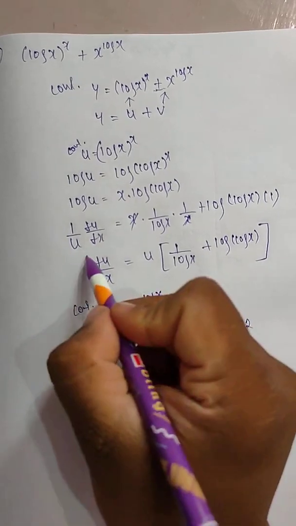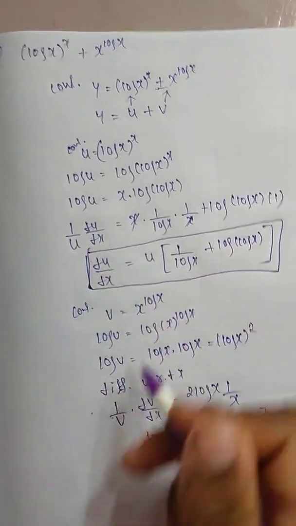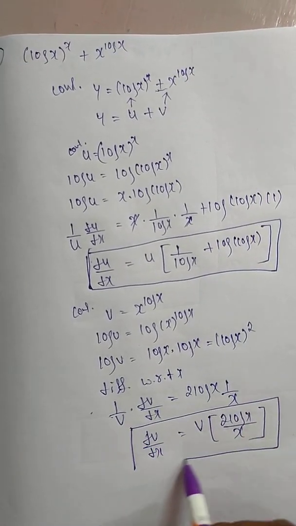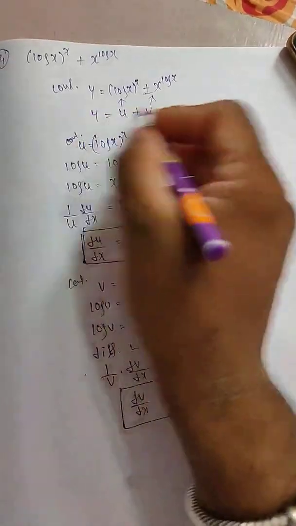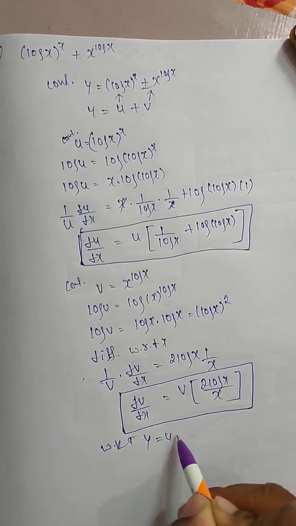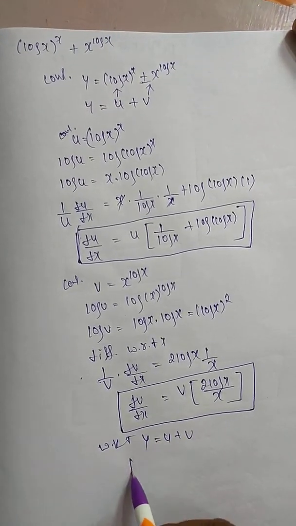Is it clear? So this is du by dx, and this is dv by dx. Now we know that y is equal to u plus v. Differentiate with respect to x.